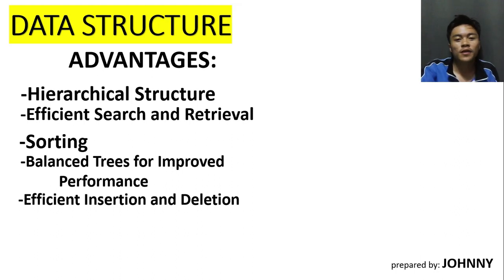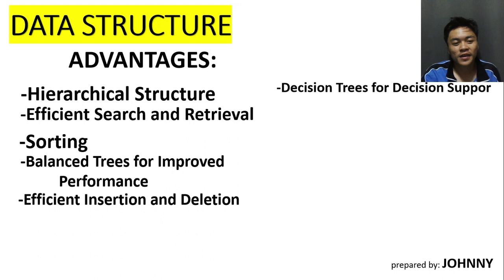Okay, very useful. And decision trees for decision support. Okay, decision trees are a type of tree structure commonly used in decision support systems and machine learning. They provide a clear representation of decision logic, making them interpretable and easy to understand.